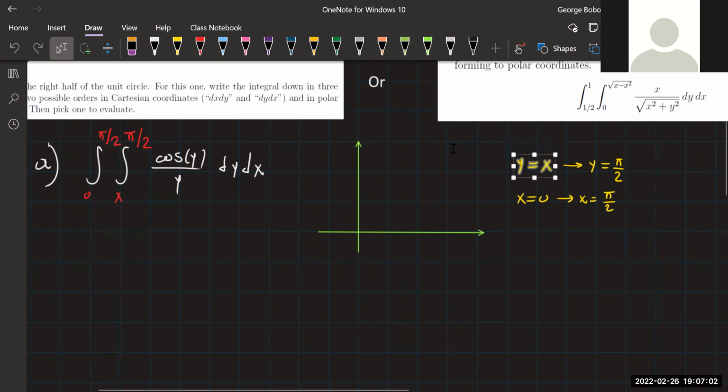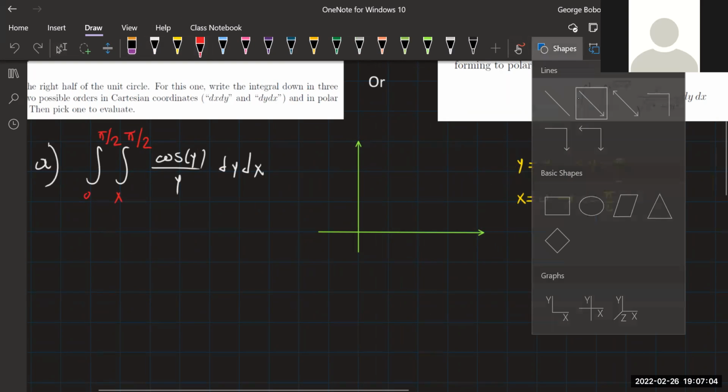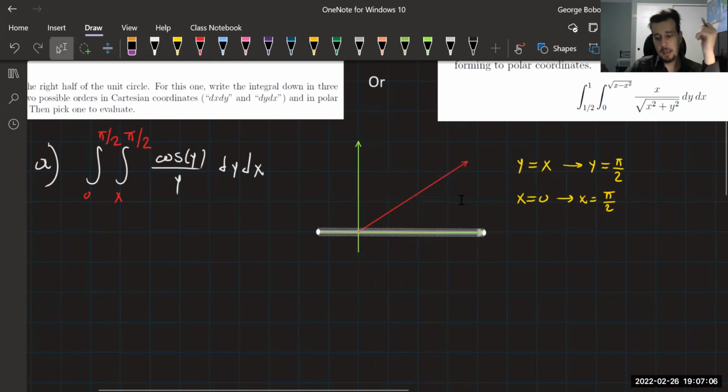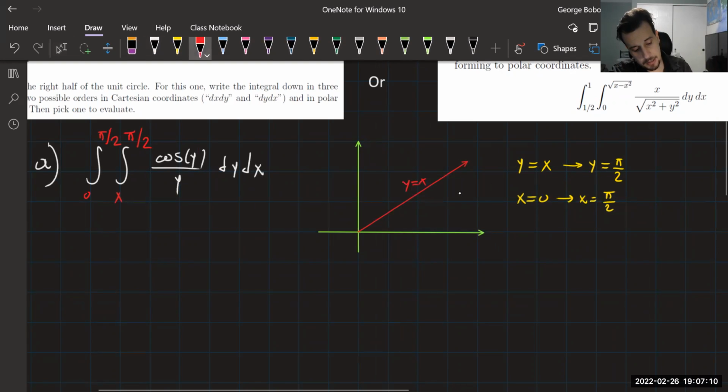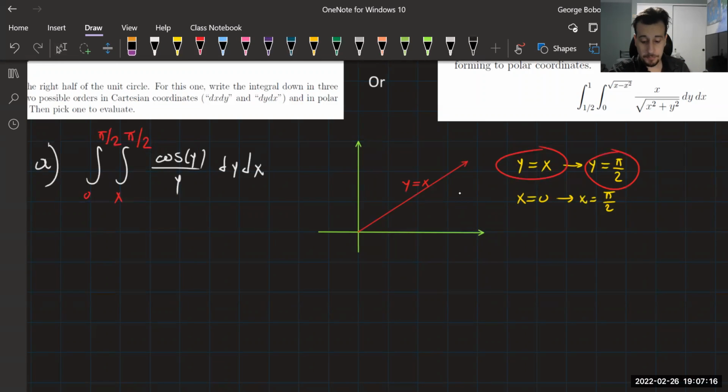Oh, it's just like the line y equals x. Okay, gotcha. So there it is, y equals x. And you're telling us that we're gonna have to integrate in the y above this and until this, right? So if you're doing this vertically, you'll have to do the integral here.